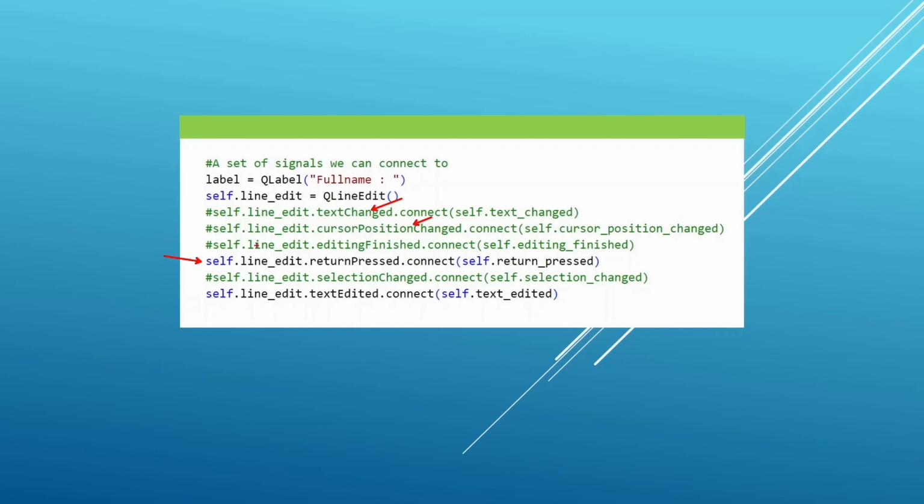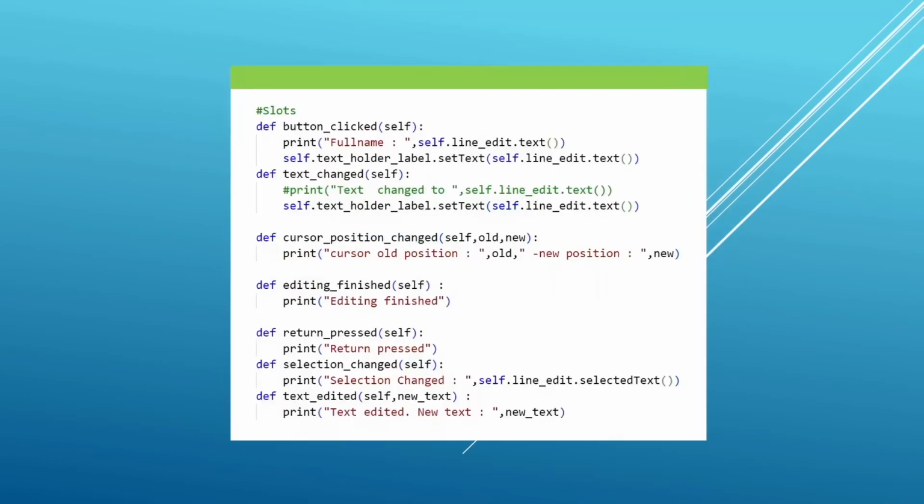I don't know why Qt provides two signals for this. Maybe there is a difference, but I didn't care enough to go investigate that. We can know when the selection is changed. We can know when the text is edited. We can do all kinds of crazy things. Once we have these components in, we will set up the methods that are going to be triggered by the signals, and you have all of them here.